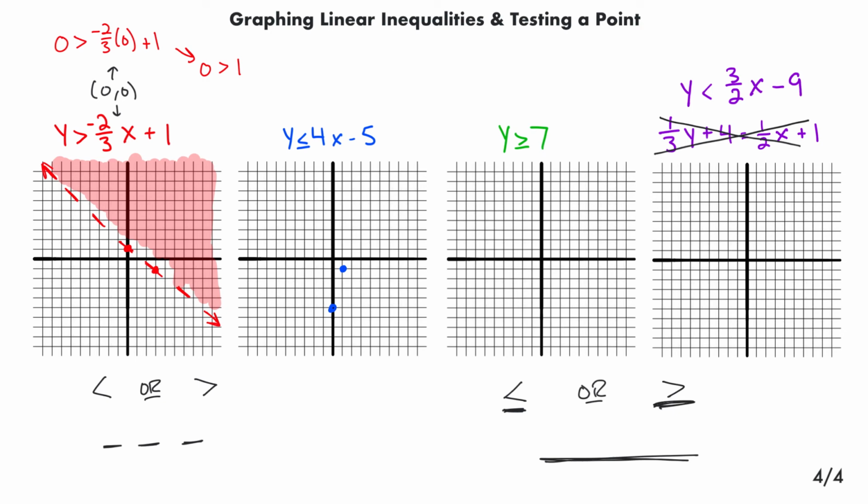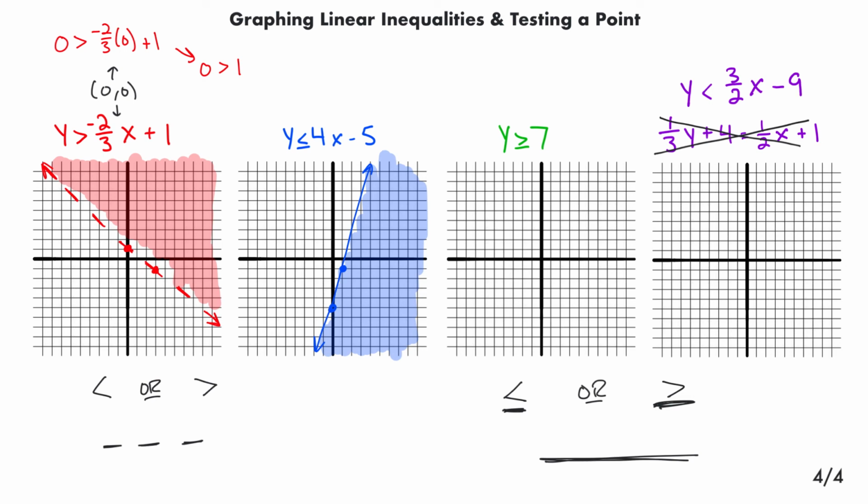So this one I'm going to graph as if it was a normal linear function, and I've just got to determine which side is going to be shaded. The inequality says that y is smaller than the line. Y will be smaller below the line, so it's going to be shaded in this region because this region is below the line. There's my answer.